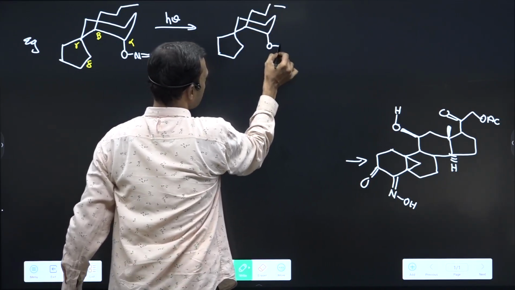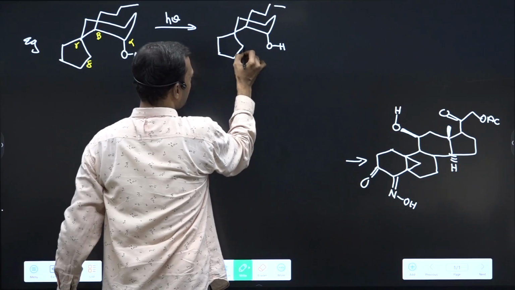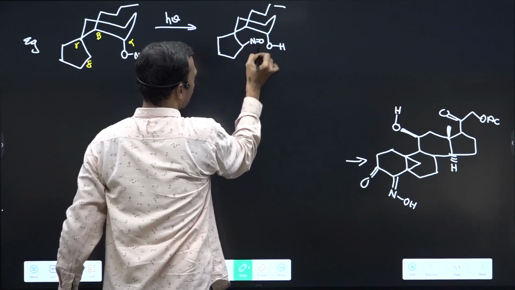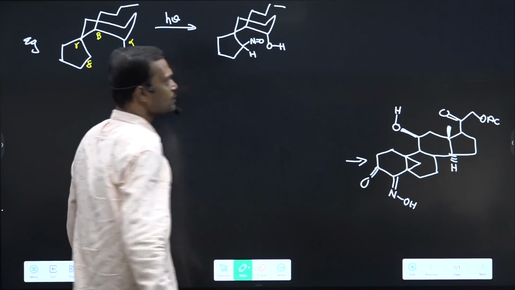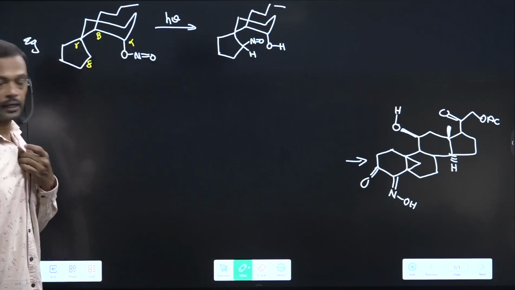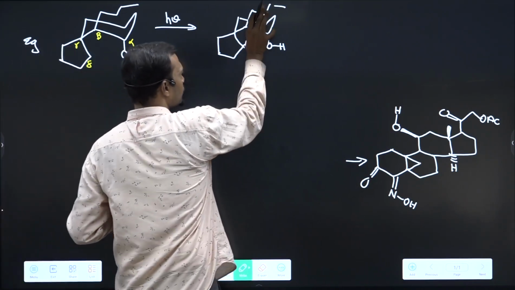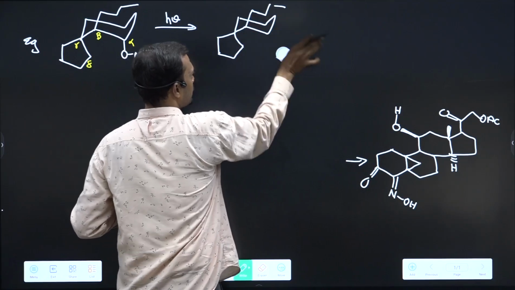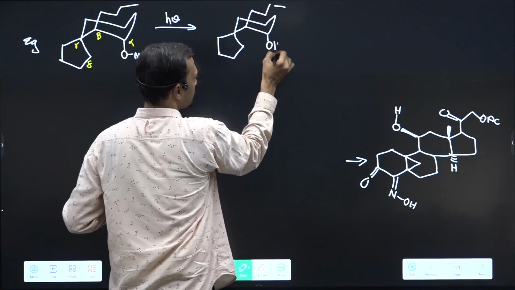So this I am writing in the form of OH, and here I am writing N double bond O and here H. Nitrosation or not, initially? Nitrosation. That nitrosation is responsible to give what? What is the final answer? Oxime.